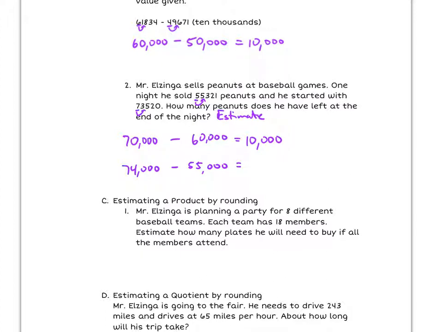So 74,000 minus 55,000 gives me 19,000 peanuts. I can't do that in my head that fast. Can I show them my pencil? Forgot to put peanuts here.